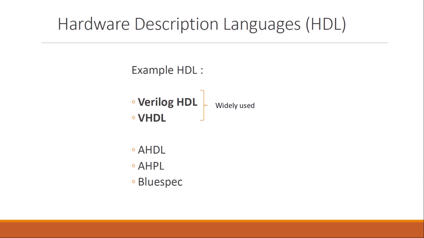Two widely used HDLs are Verilog HDL and VHDL, and there are other less commonly used ones, AHDL, HPL, BlueSpec, things like that. But the most commonly used are Verilog HDL and VHDL, and out of these two, we'll be looking at Verilog HDL, how you can describe digital circuits with it. That's what our focus is.